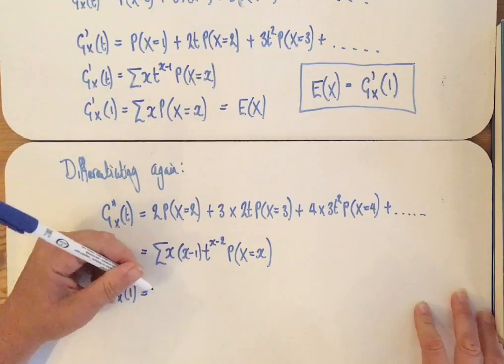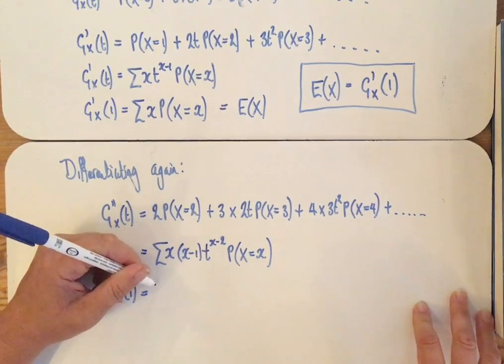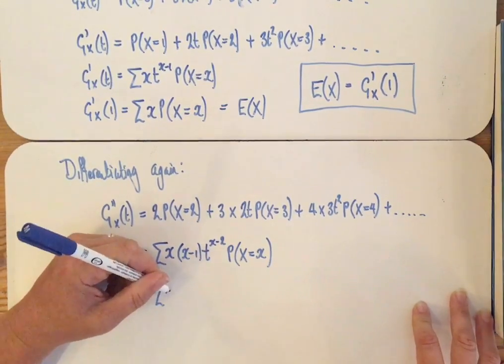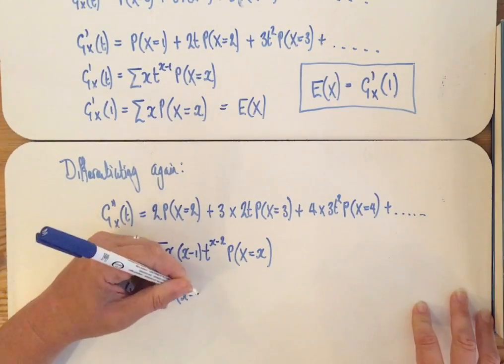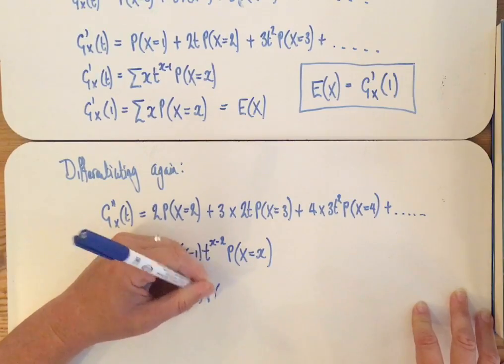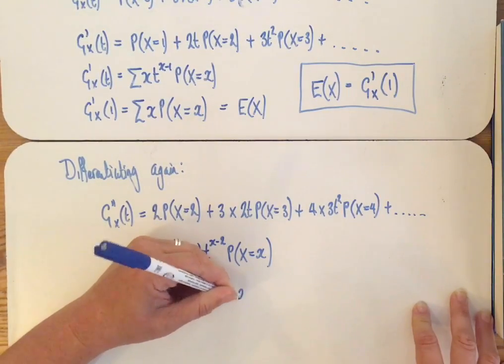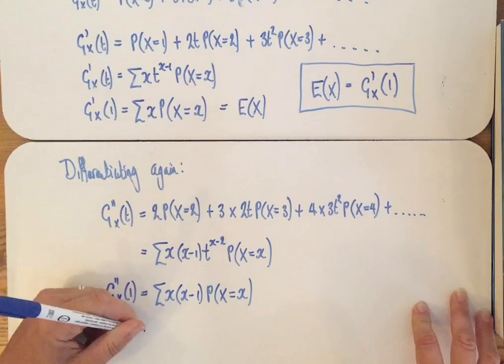So I'm letting t equal 1, and so similarly 1 to any power is 1, so the t's aren't affecting the rest of it when you let t equal 1, which takes me to there.